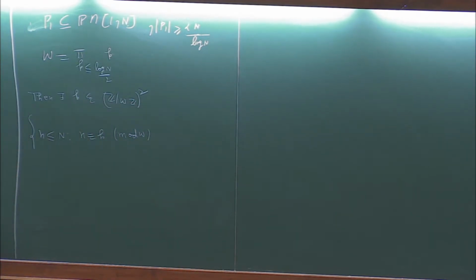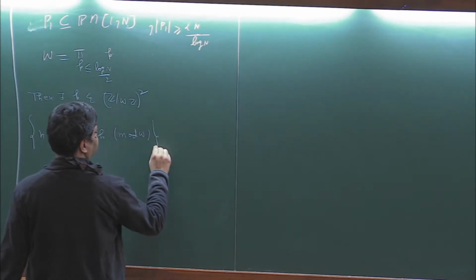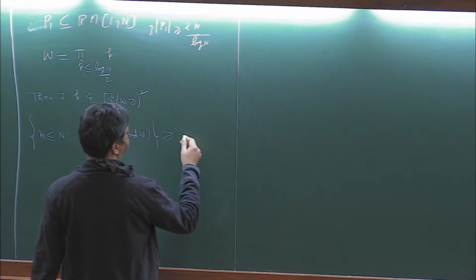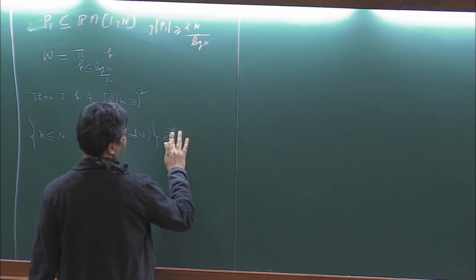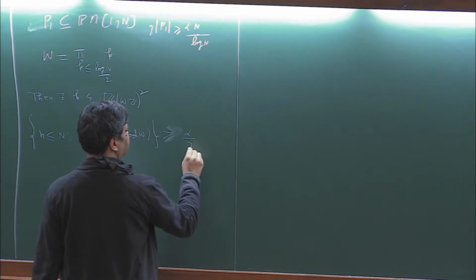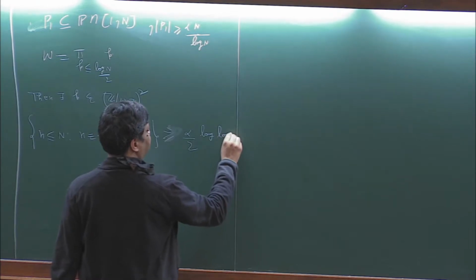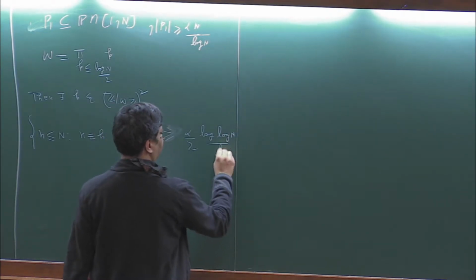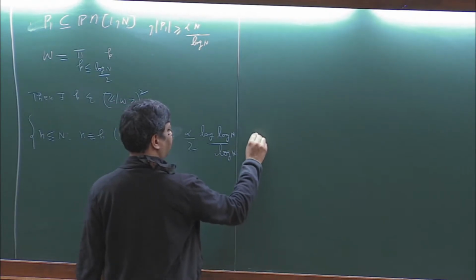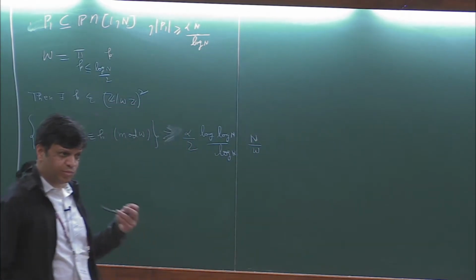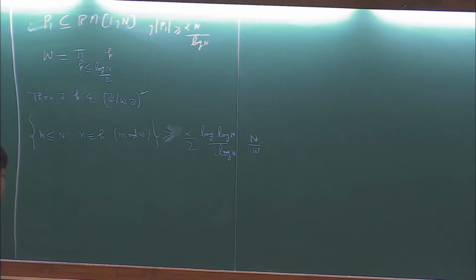Okay. This is greater than or equal to alpha by 2, log n by log n by W. So let me call this set P1B.